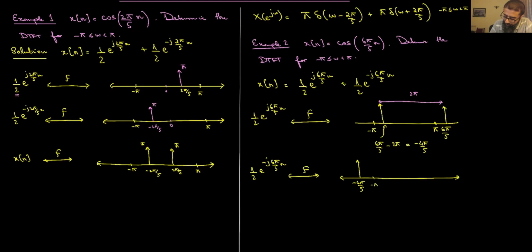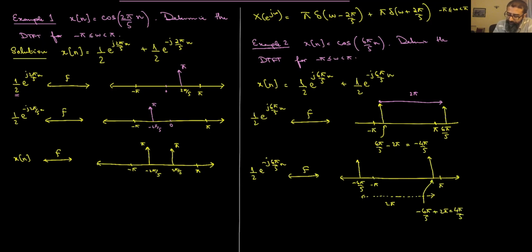But in order to find a copy which is inside the interval, I just find out once again, this is going to be 2 pi, and this is where the next copy is going to reside, which is here. This frequency is going to be minus 6 pi by 5 plus 2 pi, which turns out to be equal to 4 pi by 5.